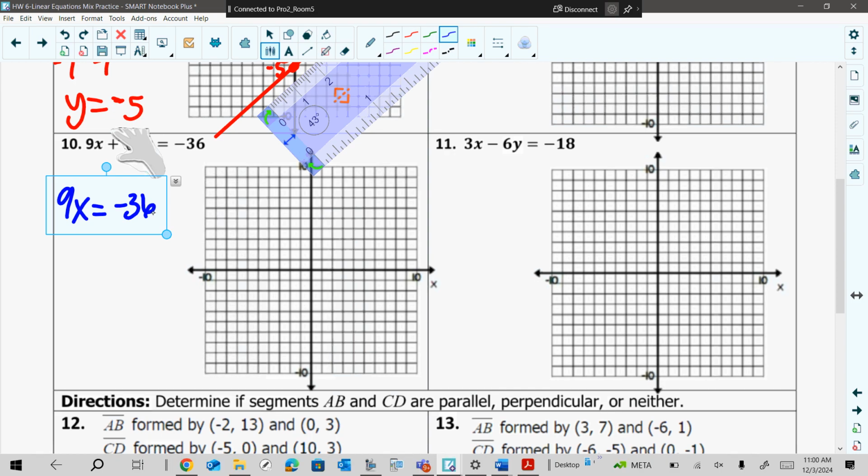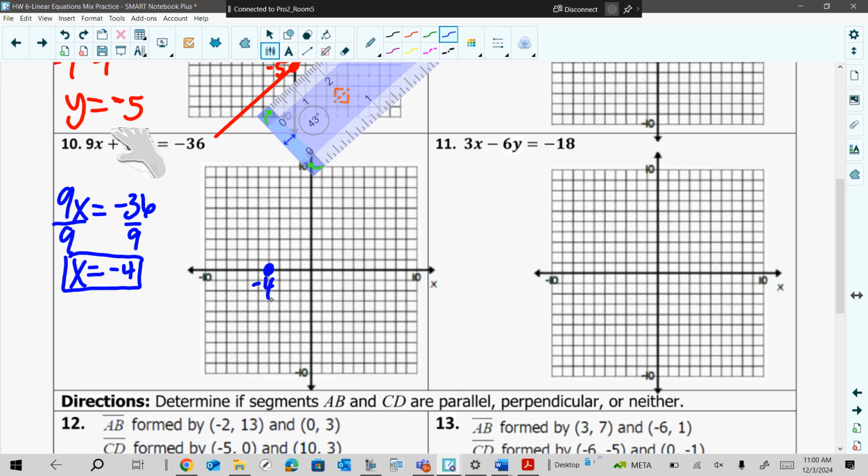But we have to solve for x, so what do we have to do? Divide both sides by 9. Yes, good. All right, so our x-intercept is going to equal -4. So on the x-axis, I'm going to the left 4 and plotting that point. There's my -4.